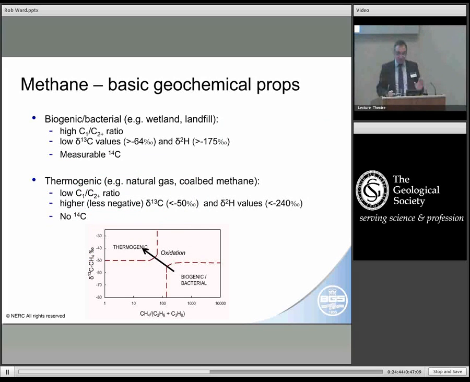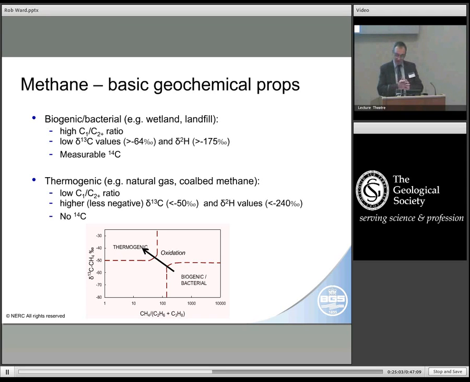So looking at some of the properties, and we heard about stable isotopes, I'd like to just look at some of the properties around methane which we can use for source identification. We've heard already that there are principally two sources of methane, biogenic and thermogenic, and we had an explanation earlier of how they were formed.